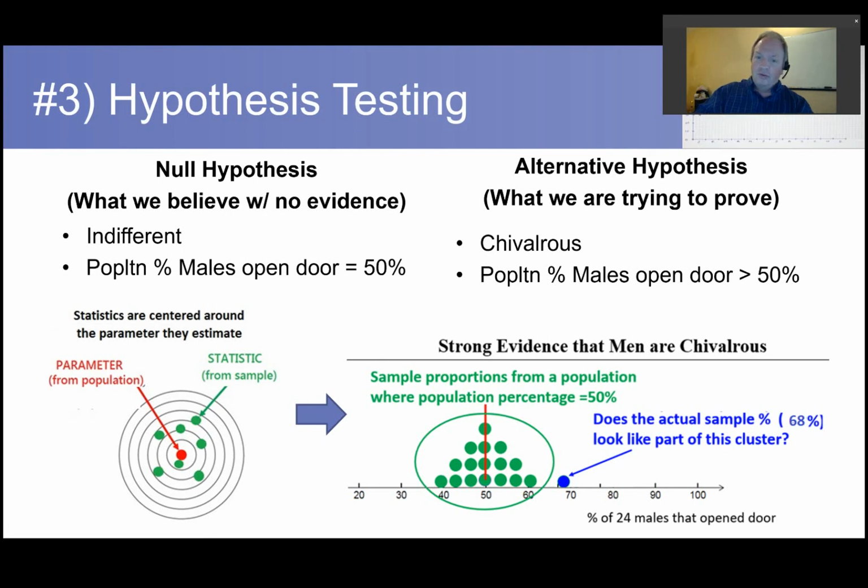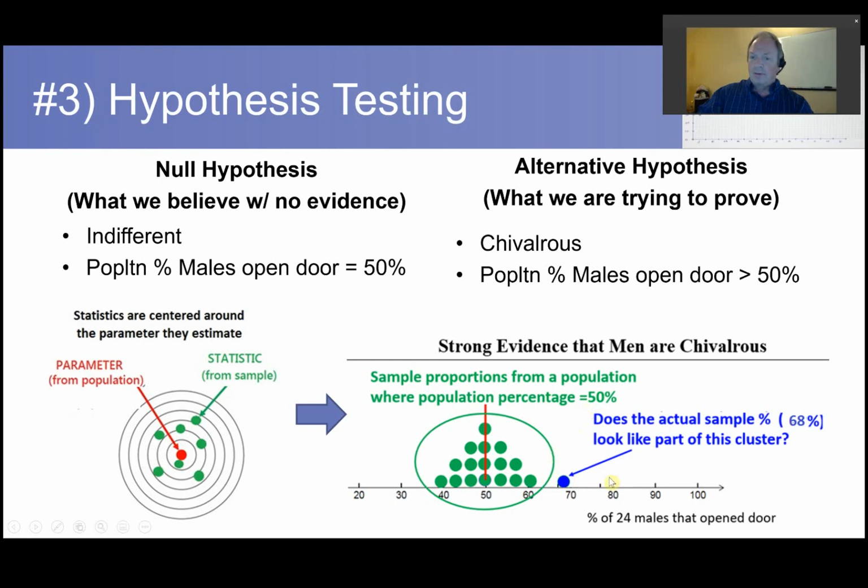And I'm going to use the result from probability theory, and I'm going to find the tail of this distribution that the green dots form, and find the percentile of my value in this distribution of sample estimators from the population where the population percentage is 50%.